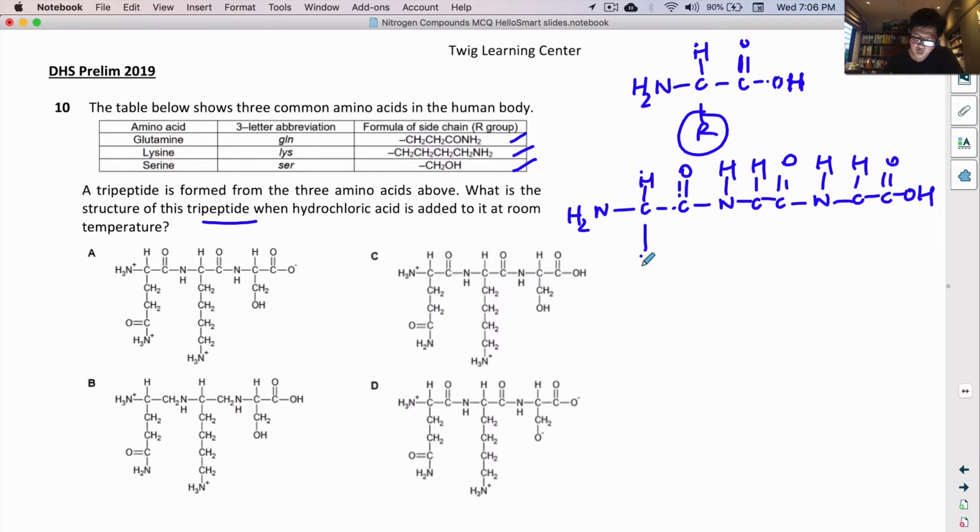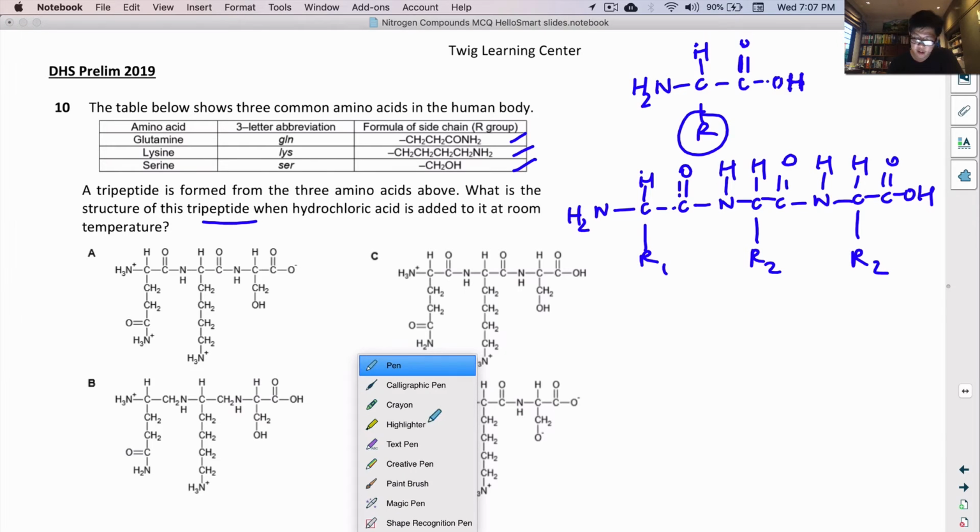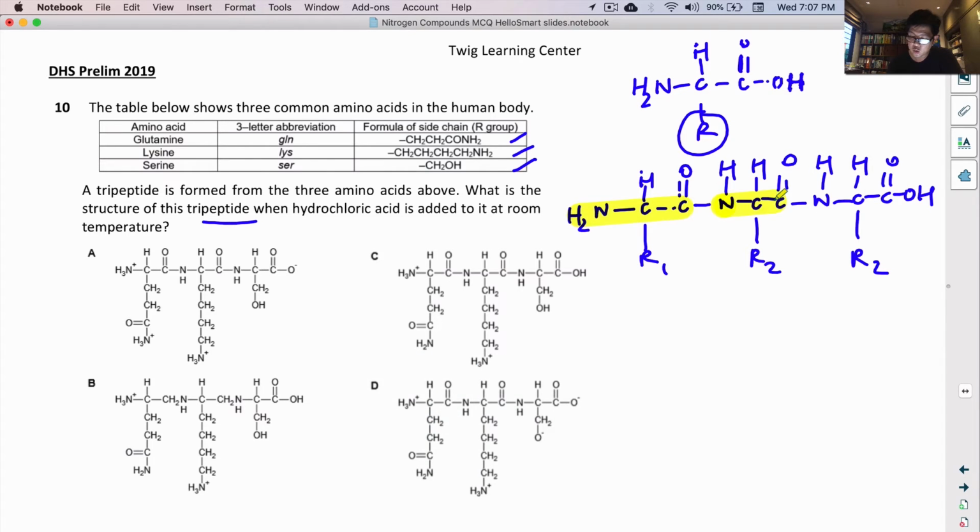I'm going to call this R1, this R2, and this R3. I hope you can tell there are 3 amino acids that I've just drawn. 1, 2, 3. So there are 3, that's why it's called a tripeptide. They're all linked to one another.